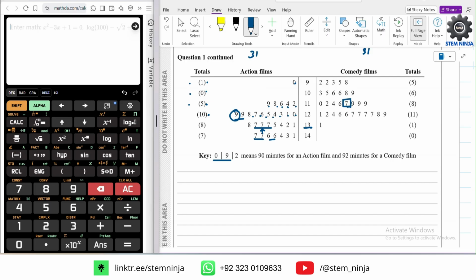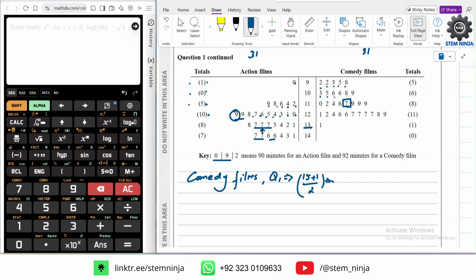For comedy films, Q1, which is A, we need to figure out where this lies first. So 15 plus 1 divided by 2, that means 8th location. 1, 2, 3, 4, 5, 6, 7, 8.